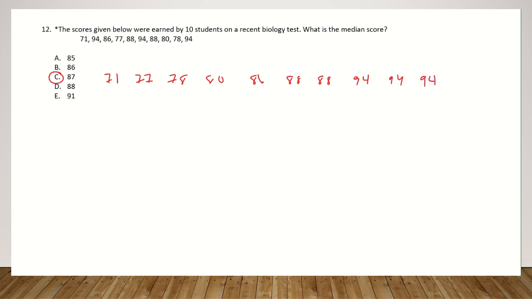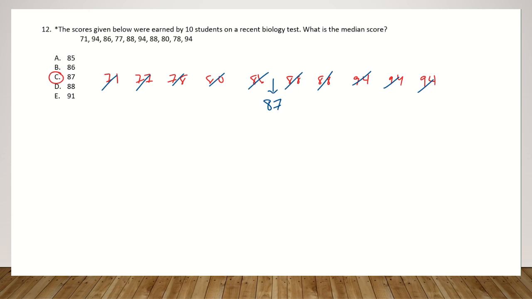Okay, now we're going to find the one in the middle. So we'll cross off 1, 2, 3, 4, and here we have 2 that end up in the middle. So you have to actually go in the middle of the ones in the middle in order to find the actual median here. Okay, because it's easy to see what number is in the middle of 86 and 88.